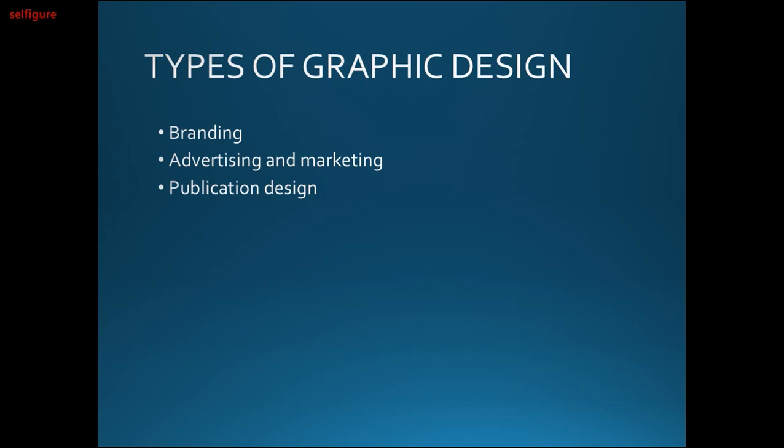So when you look at advertising and marketing, let's talk about brochures. We can also talk about billboards. You can also talk about ads. All these fall under the category of advertising and marketing.